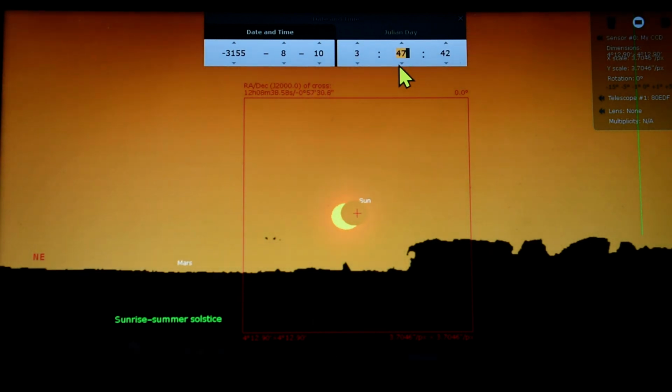So here we go. You notice the rotation there very quickly because I'm speeding through. So it looks like this partial solar eclipse took place a bit after the solstice, but not a lot. Judging based on this, I would say late June, early July of 3156 BCE in terms of our solar calendar, the Gregorian calendar.